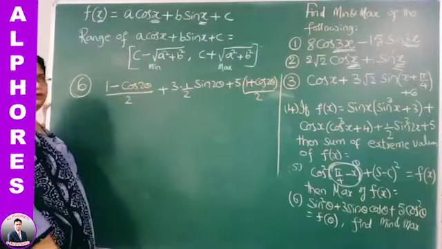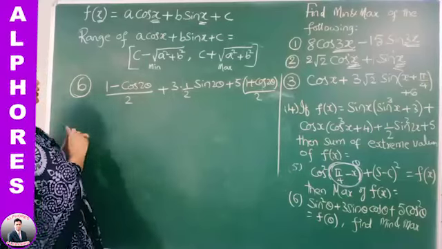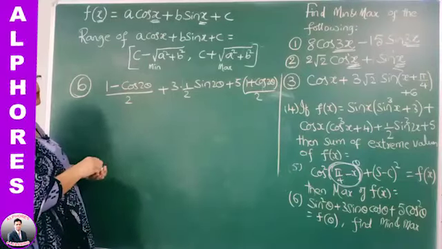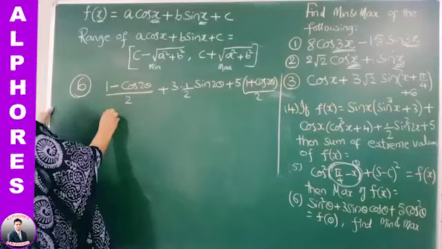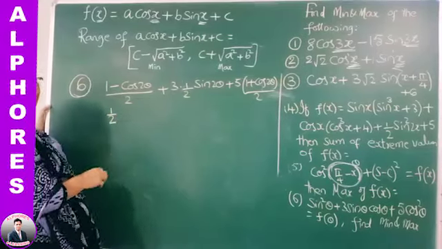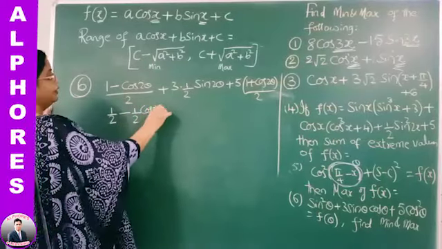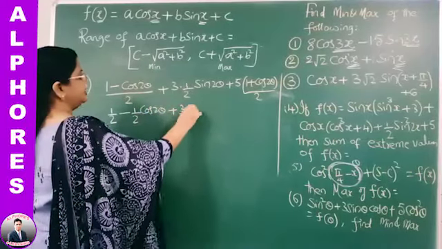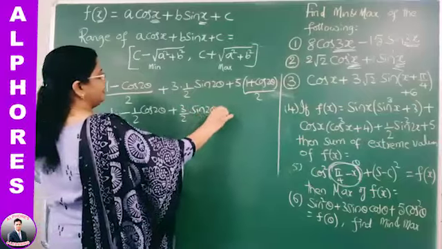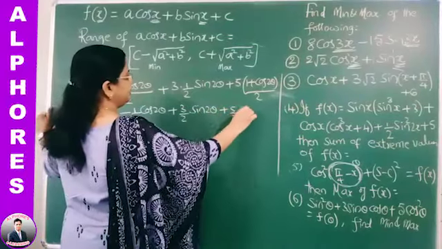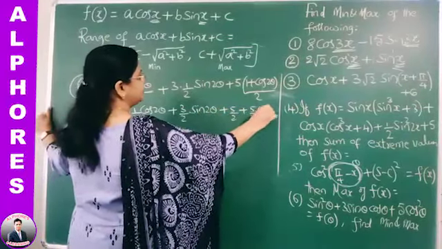So in this way we reduce the entire problem. Now everywhere 1 by 2 is there, you can take common, or let us split: it is 1 by 2, right? Minus 1 by 2 times cos 2 theta plus 3 by 2 sin 2 theta, and after that plus 5 by 2 and plus 5 by 2 times cos 2 theta.